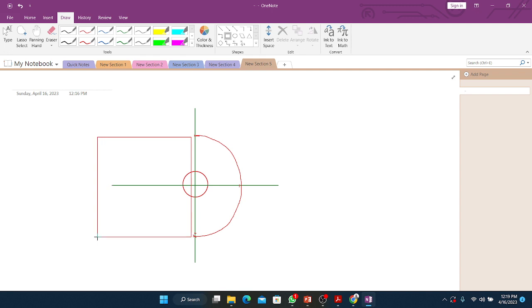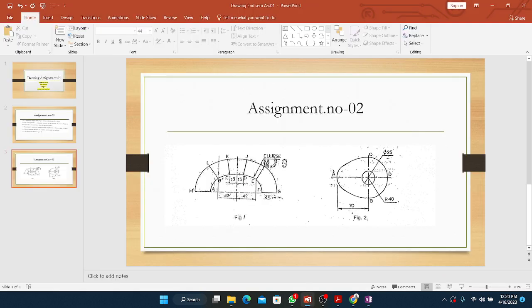That rectangle, the base of that rectangle, I already told you, is 80 millimeter, and the axis of the rectangle is given in the question as 70 millimeter.